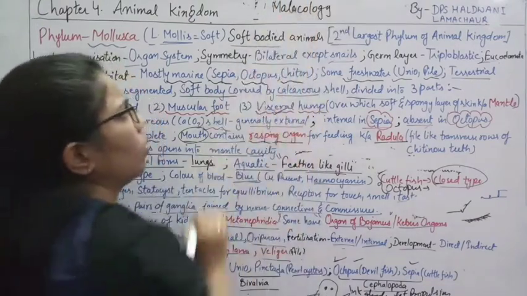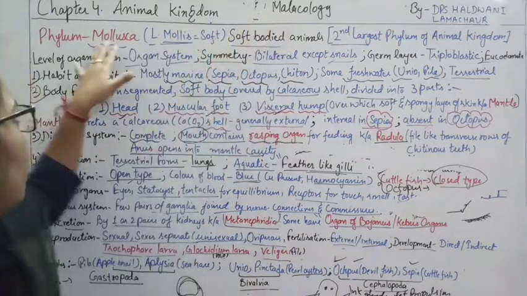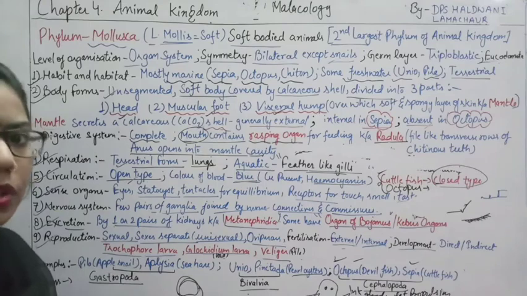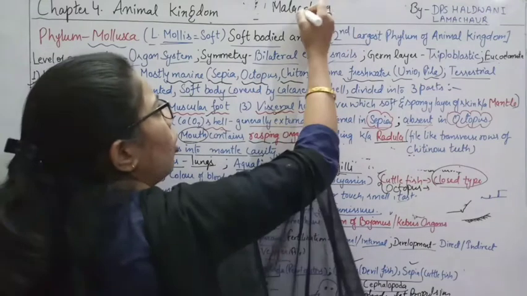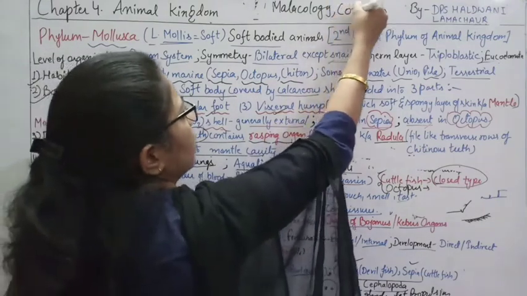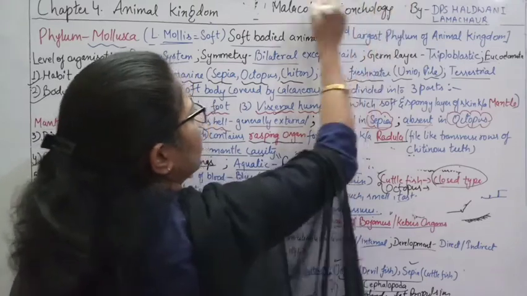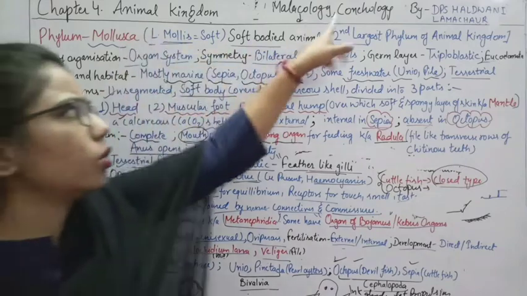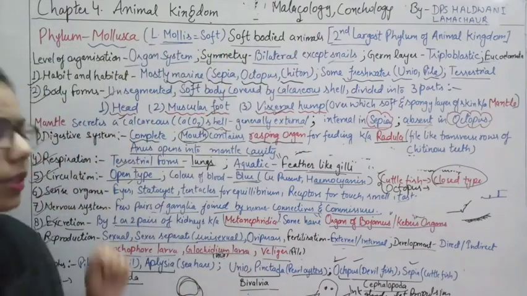So this is the study of Mollusca. And when we are studying the shell, जब हम shell की study करेंगे, what we will call it? Conchology. So malacology is the study of Mollusca, and conchology is the study of shells, right?